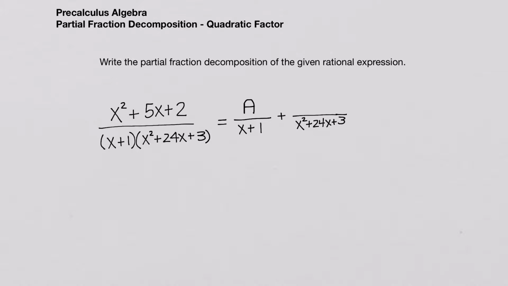Now, the next denominator is quadratic. We couldn't factor it. If we could, then we would have done that already, and then we would have 3 linear factors in the denominator instead of 1 linear and 1 quadratic. So, since the numerator needs to have 1 degree less, I'm going to make it a linear factor, and it's going to be bx, because I don't know the coefficient of x, plus c, because I don't know what the constant term should be.